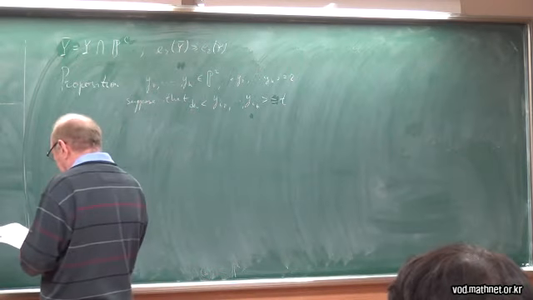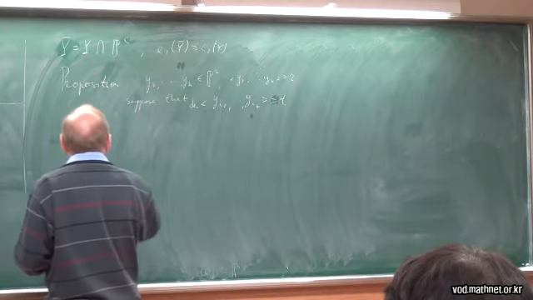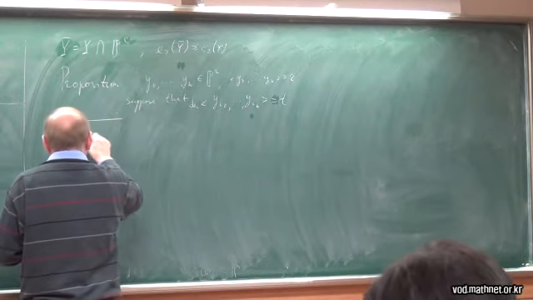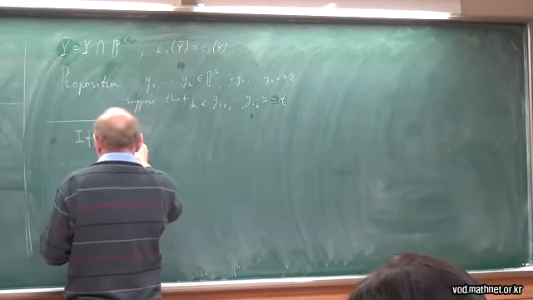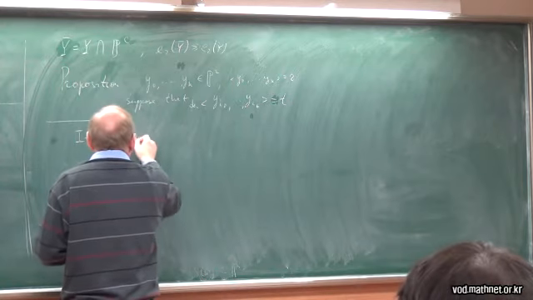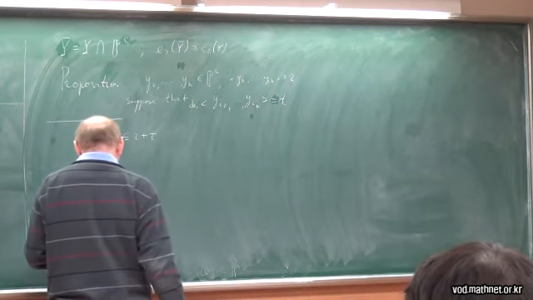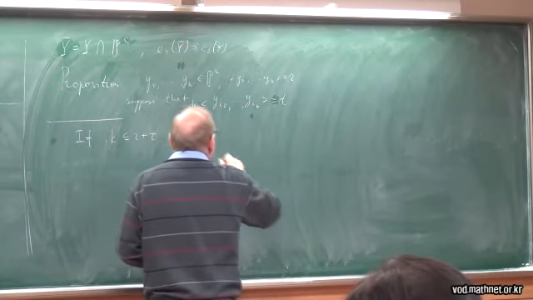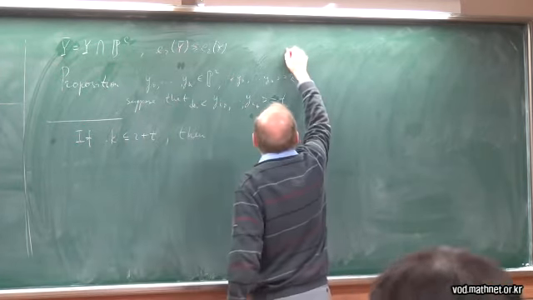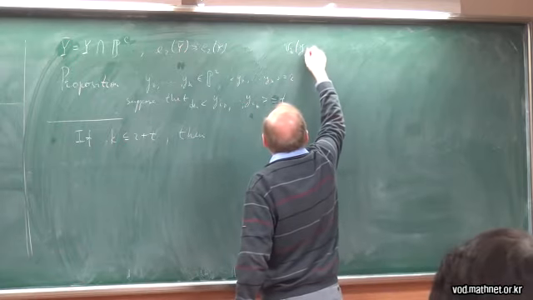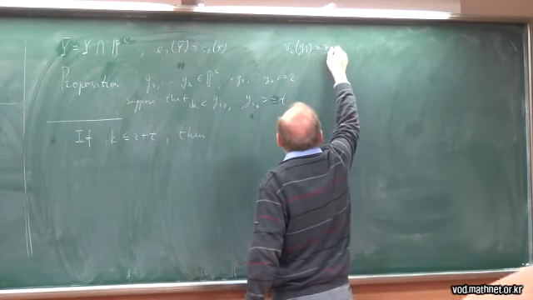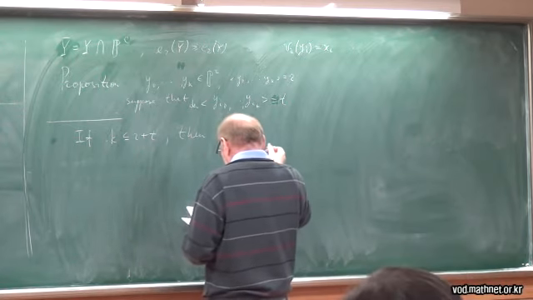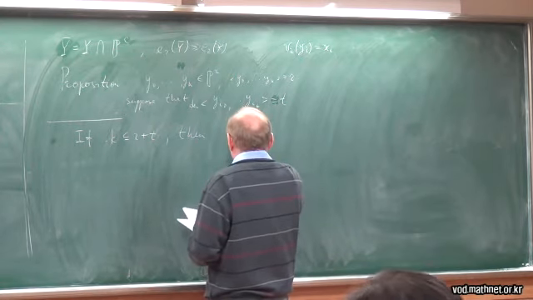And the theorem says, if k is at most r plus t, then the images, as usual I denote the images by xi, then these points are in general position.